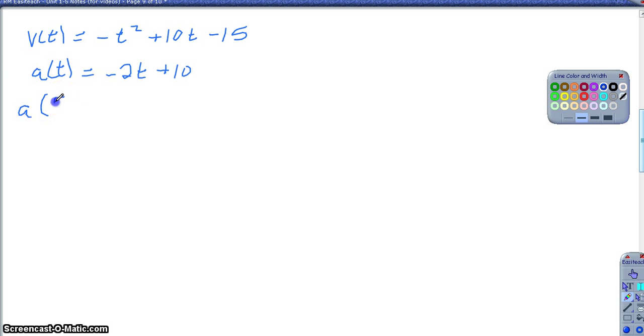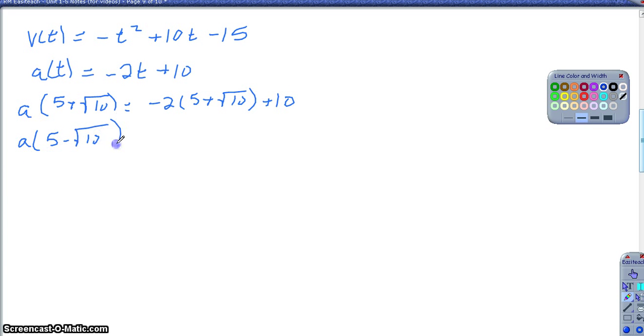So the acceleration at 5 plus radical 10 equals negative 2 times (5 plus radical 10) plus 10. I just plug that in. Same thing with my other one. The acceleration at 5 minus radical 10 equals negative 2 times (5 minus radical 10) plus 10.